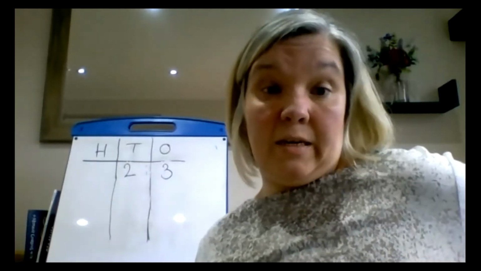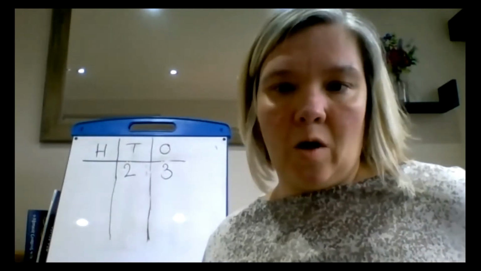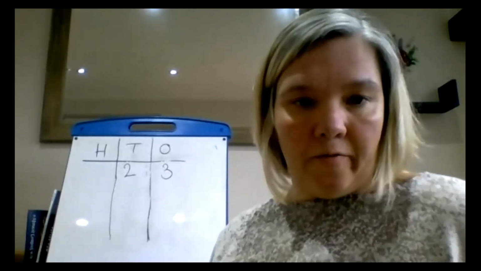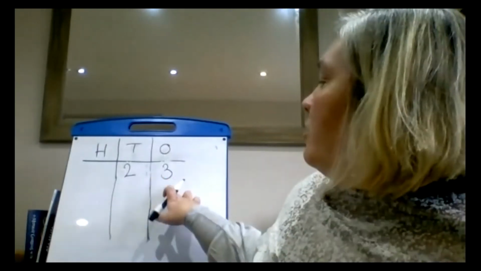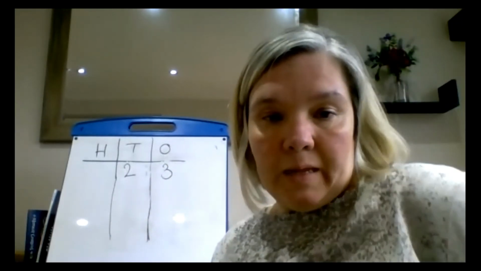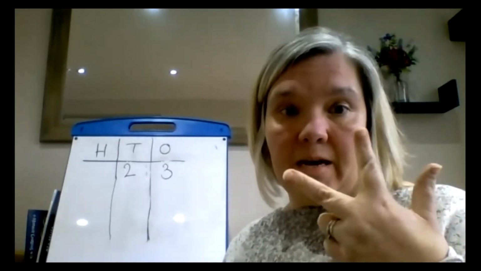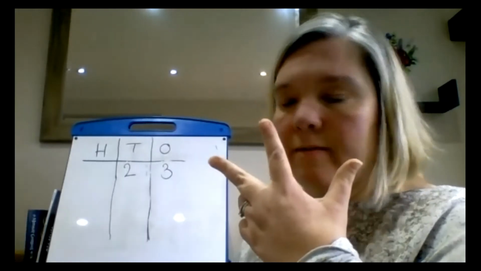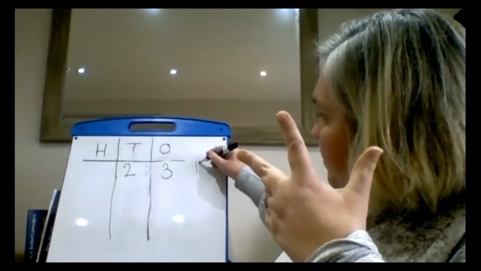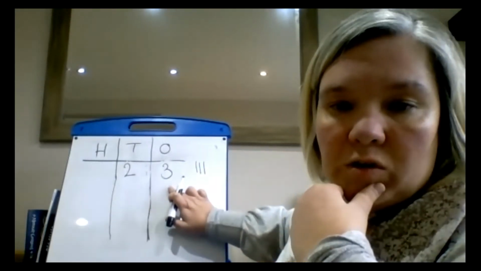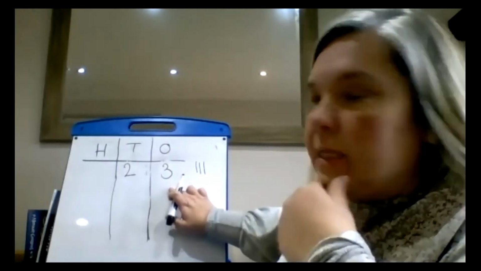Should we start with the hundreds this time? No, can't start in any other column apart from the ones column. So 3 times 10 is what? 10, 20, 30. We now have 30. We can't put it in the ones column, can we? We need to put that in the tens column.